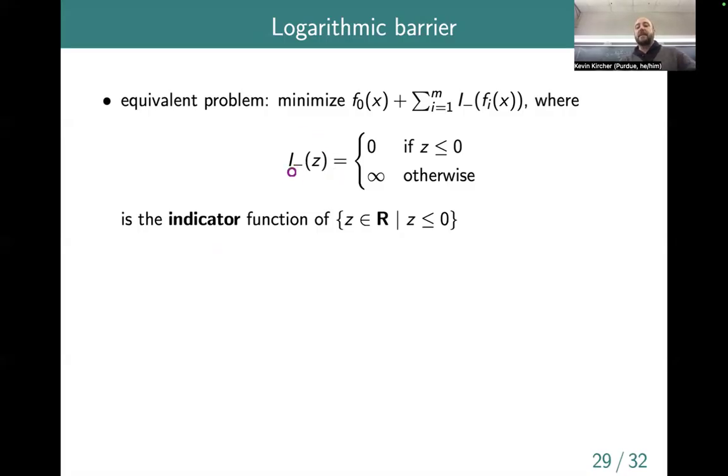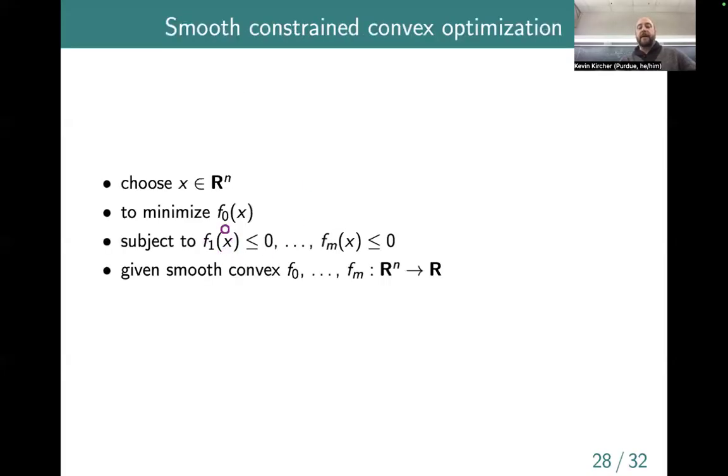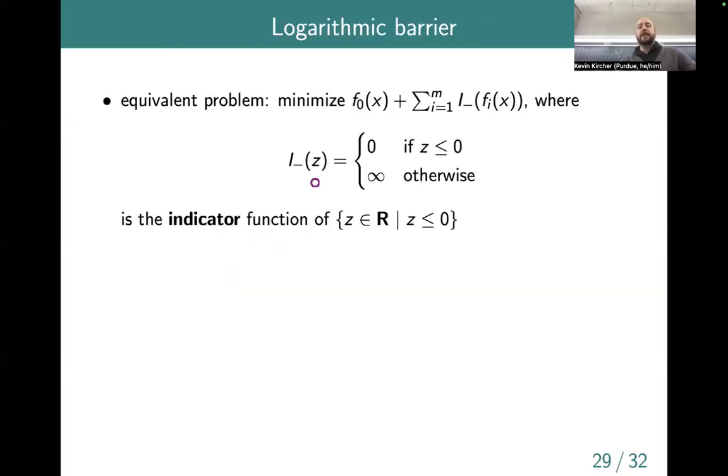So this thing is defined as a function of z. So think of z as the fi of x that we're trying to keep below 0. So if we are below 0, then this adds nothing to the objective function. It doesn't change it at all. But if we are above 0, it adds infinity to the objective function. It says, sorry, you're in an infinite amount of pain. There is no solution here. So this is just an equivalent way of writing our constrained optimization problem.